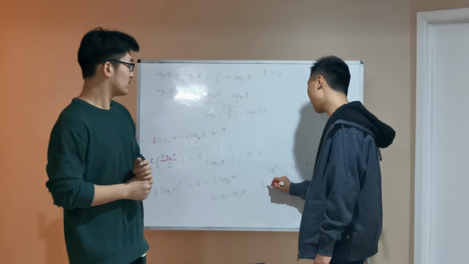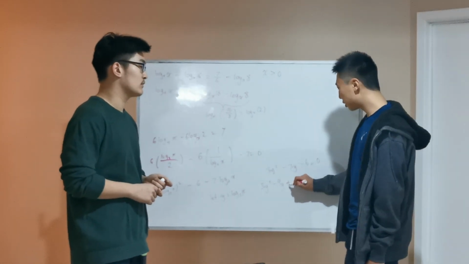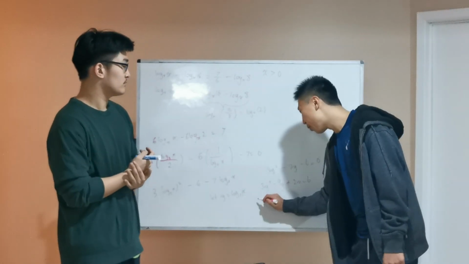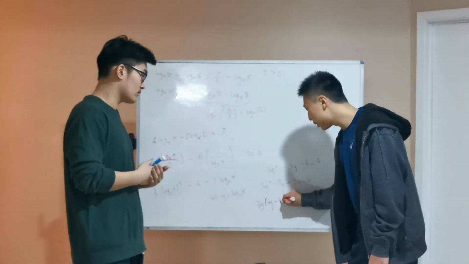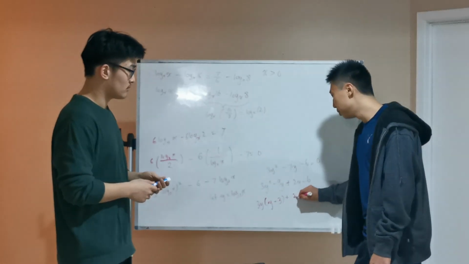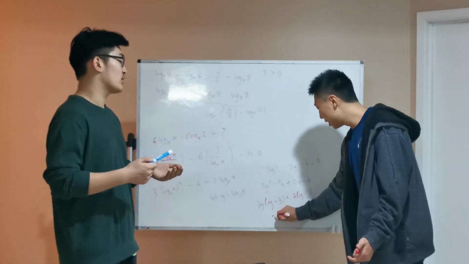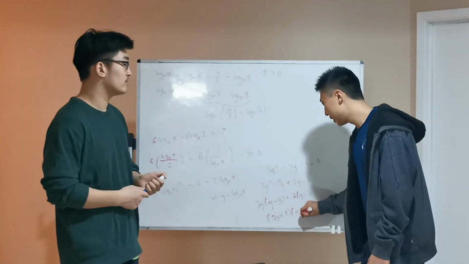Well, it turns out that 3y squared minus 9y plus 2y minus 6 is perfect. So we have 3y, we can factor this, y minus 3, plus 2 times y minus 3. And this will become 3y plus 2 times y minus 3.